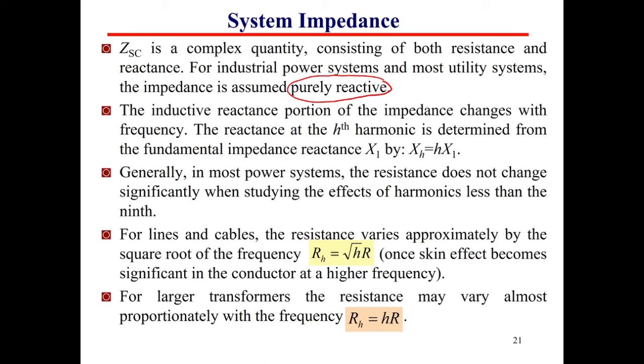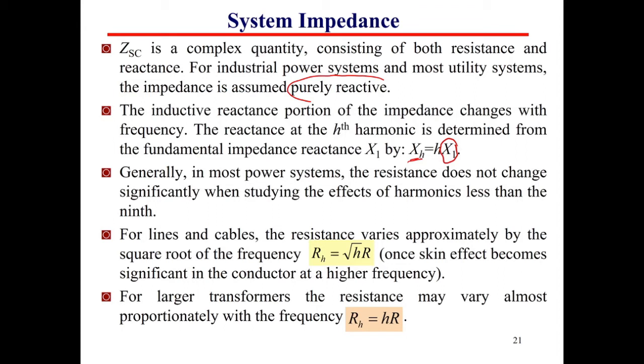The reactance at the h-th harmonic is determined from the fundamental reactance. Once X1 is given, which is at fundamental frequency, then we can find the reactance at any harmonic. In most power systems, the resistance does not change significantly when studying the effective harmonic, less than 9. So the resistance of the system will stay almost the same.